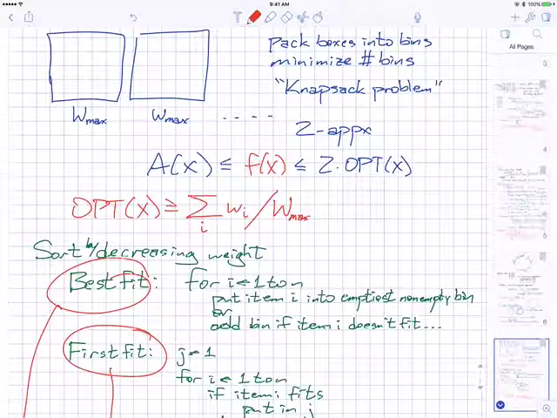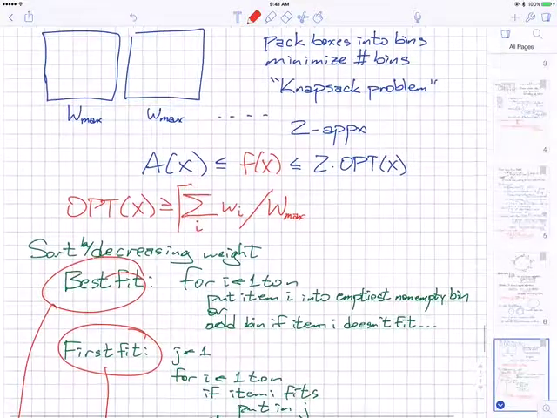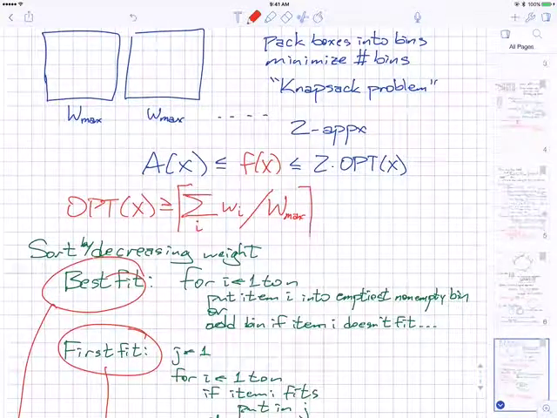So this lower bound is what you would get if every bin except the last one were completely full. This is the solution you would get if you could fill every bin to the top, except possibly for some leftover waste at the end of the one last bin.